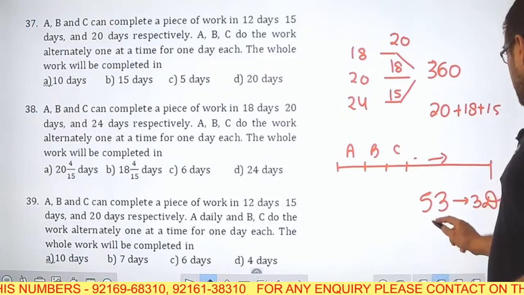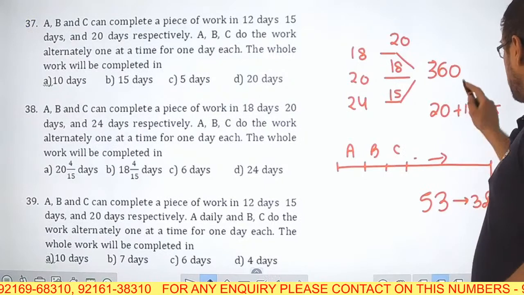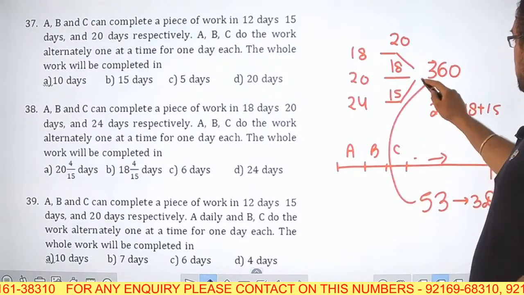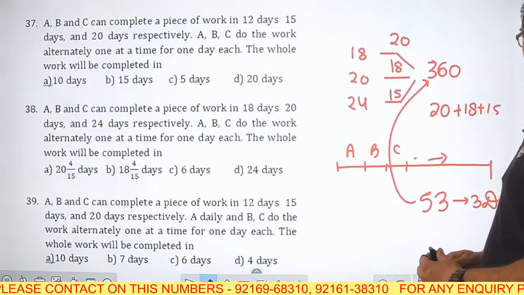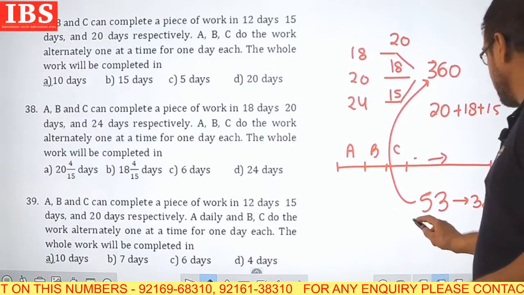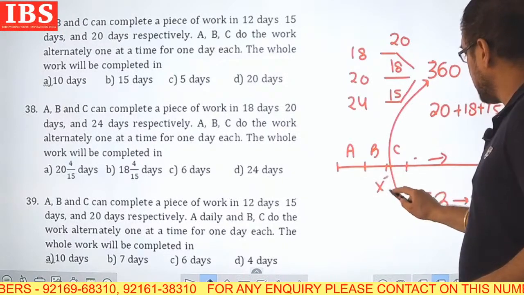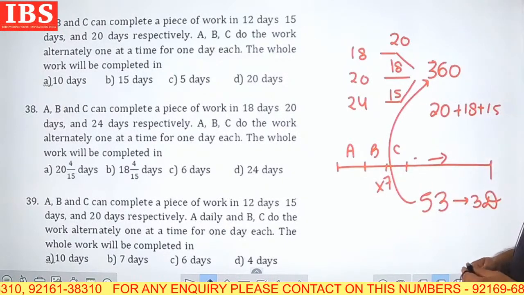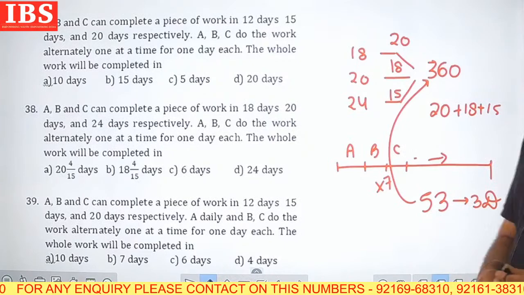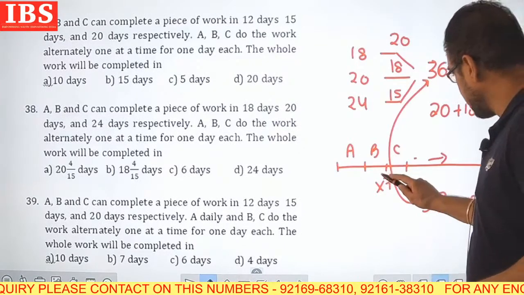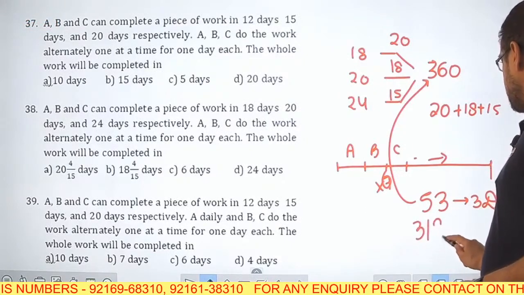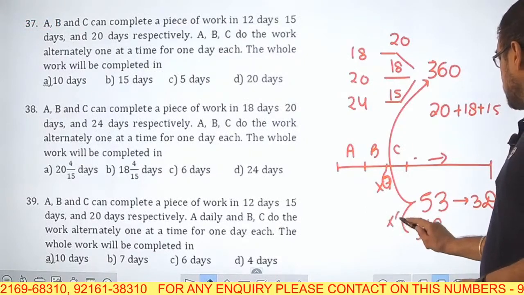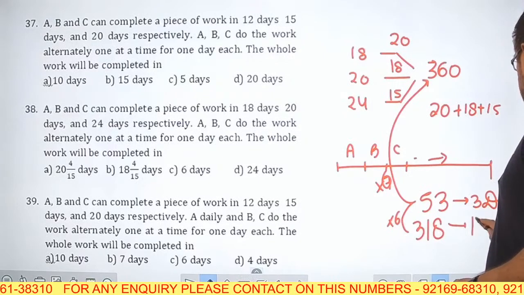Now we need to find the multiple of 53 nearest to 360. 53 into 6 gives us 318, so this is 6 times, which becomes 18 days.